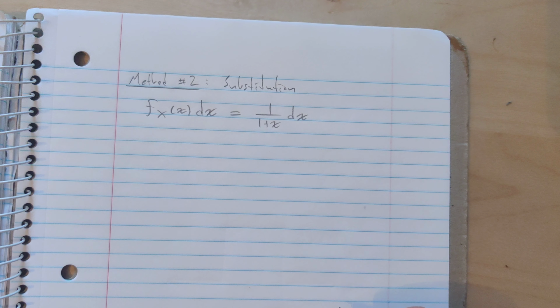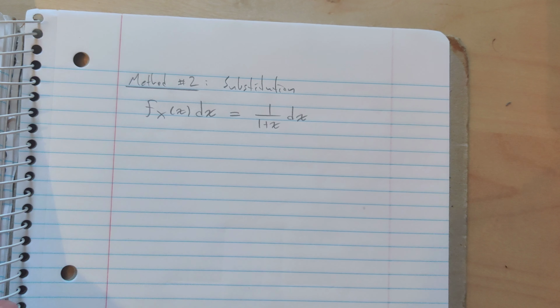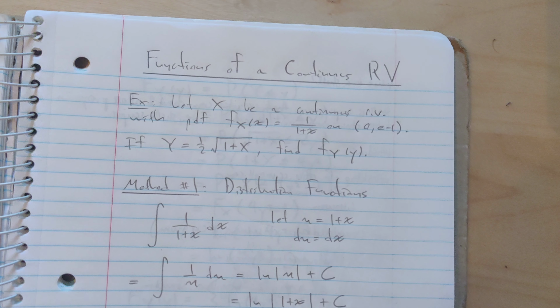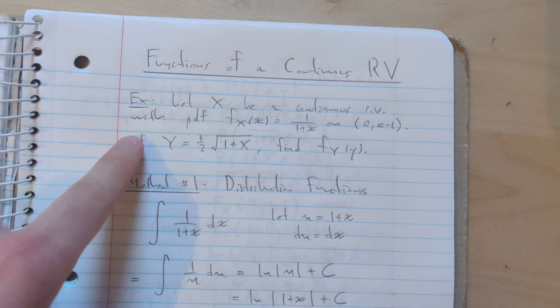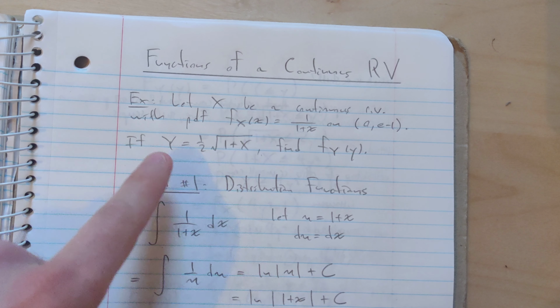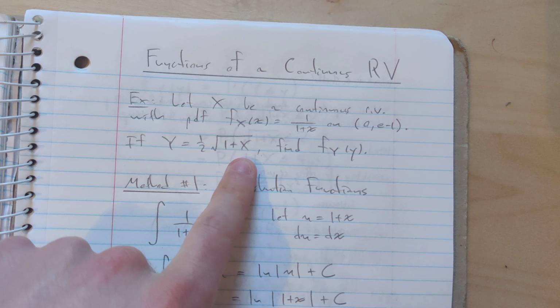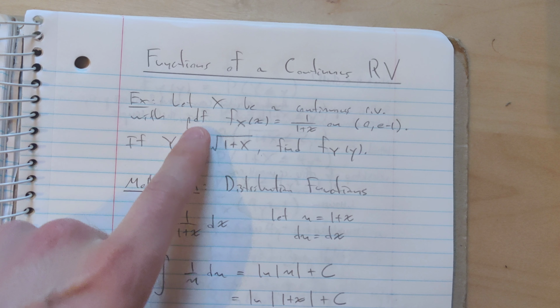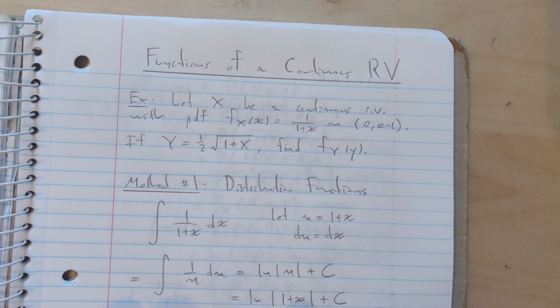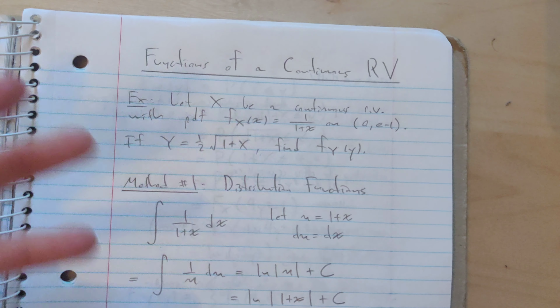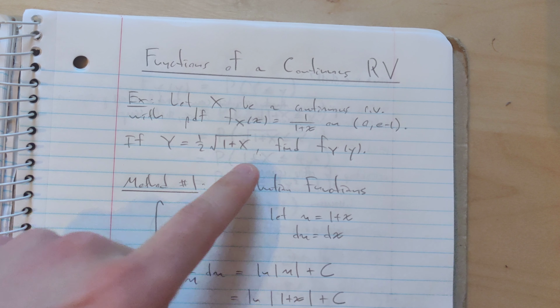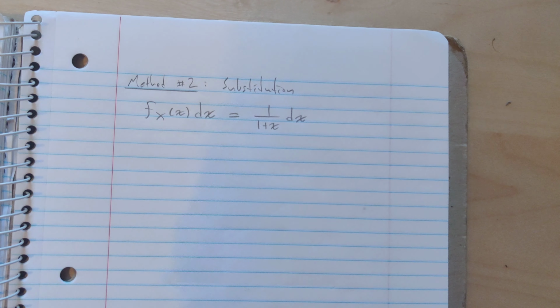And what we're going to do is the same thing we do in integration by substitution. We're going to make this substitution. So imagine you have a new variable y and your old variable x, and you substitute y equals 1/2 root 1 plus x. But you really substitute just like real number variables, little y and little x, just like you would when you do integration by substitution.